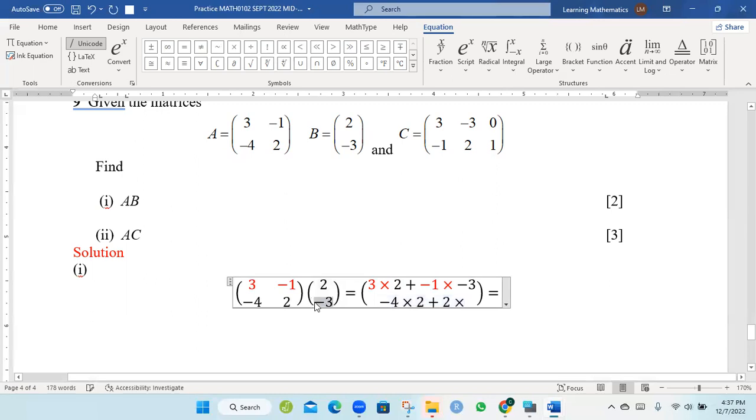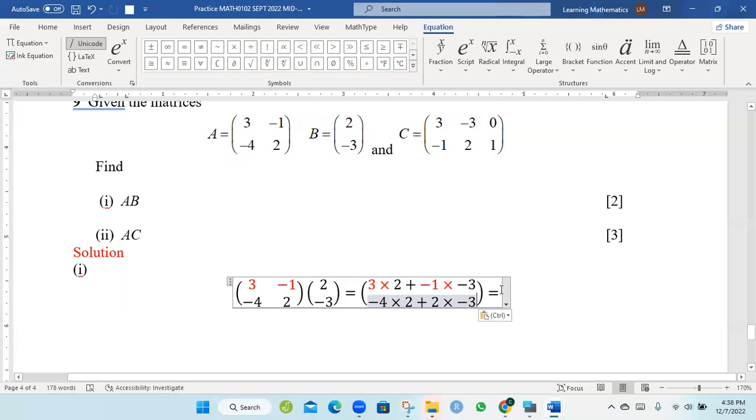So we have to reuse the 2 and -3 again, because we have 2 rows in the first and 1 column. Since we have only 1 column, we have to repeat that same 2 and -3: for the 2 rows, the 3 and the -1 with the 2 and the -3, the -4 and the 2 with the 2 and the -3.